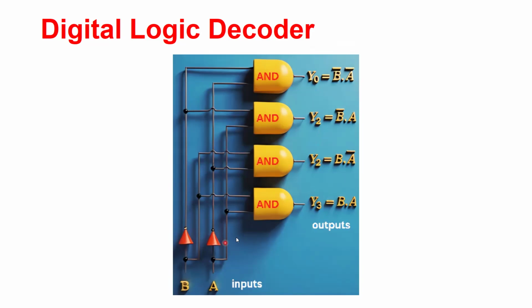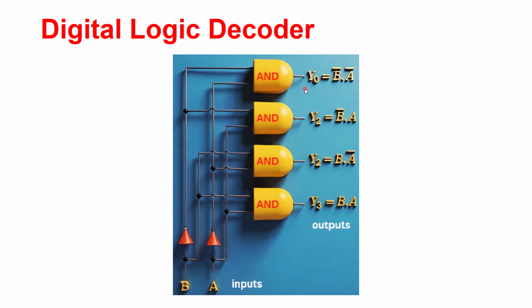As you can see, it is realized using two NOT gates and four AND gates. So inputs B and A are available in both normal and complementary form.